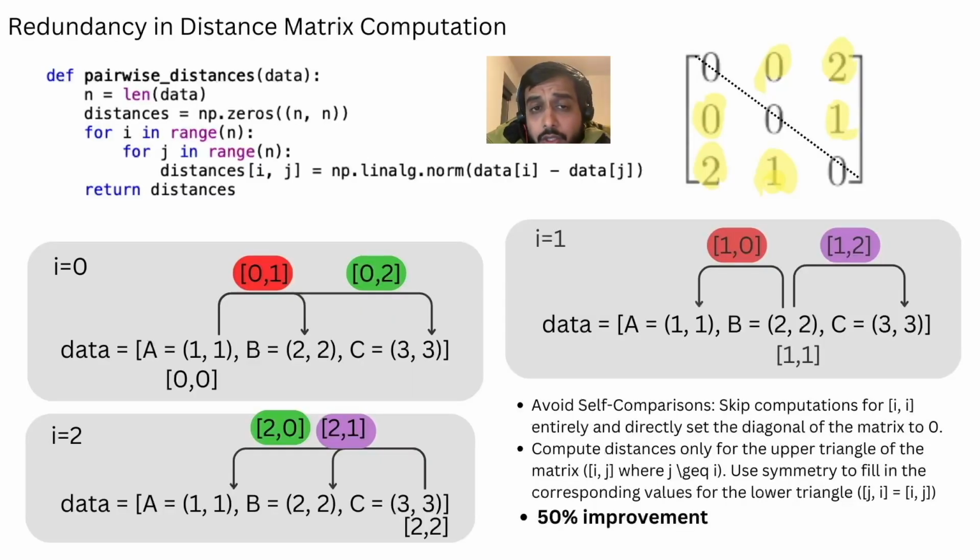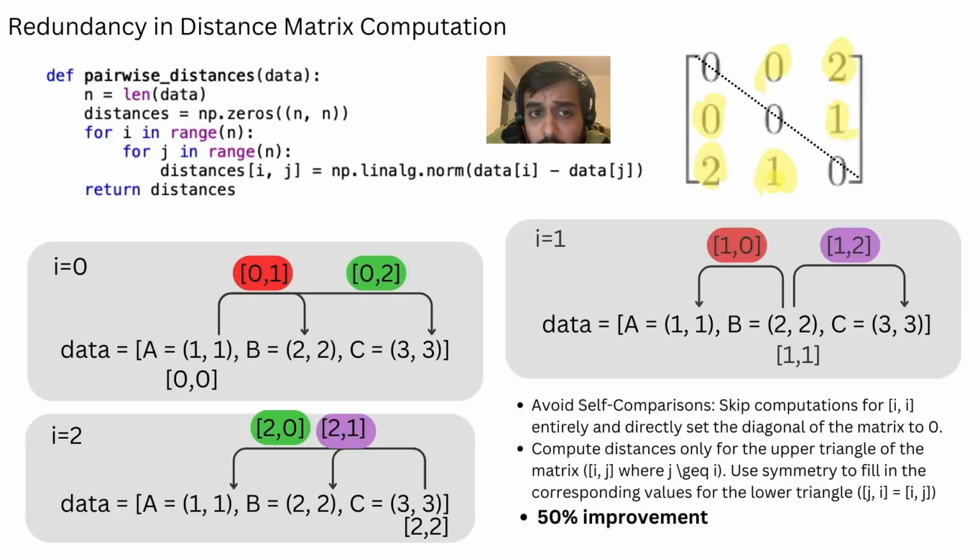So the first question I was asked about is optimizing a function that computes some kind of distance or comparison between numbers, variables, or it could be strings, like the Euclidean distance shown here. The function computes a pairwise distance matrix for 3 data points as seen in this example.